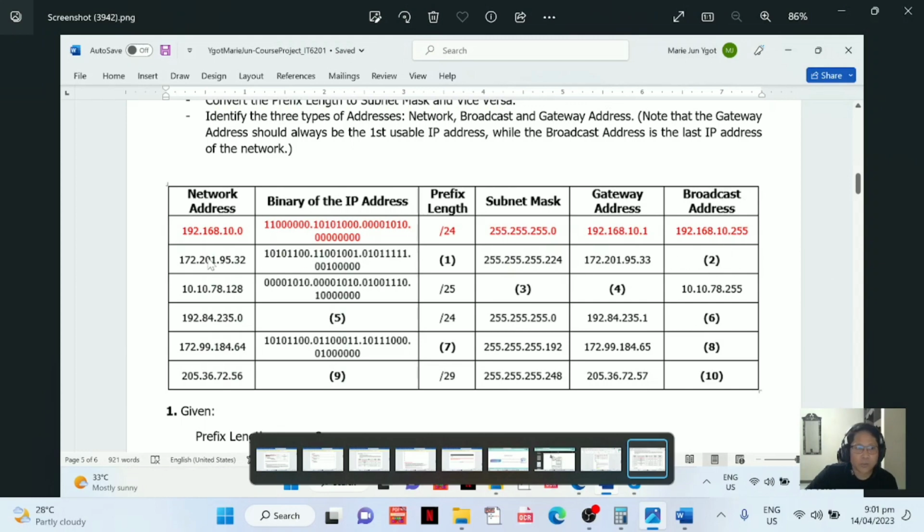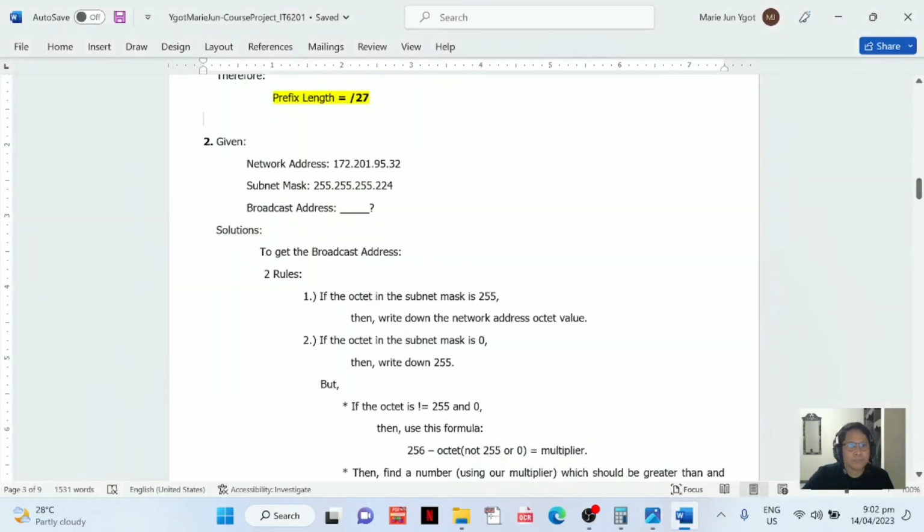In order to get the broadcast address, we need to know the network address, which is 172.201.95.32, and the subnet mask, which is 255.255.255.224.